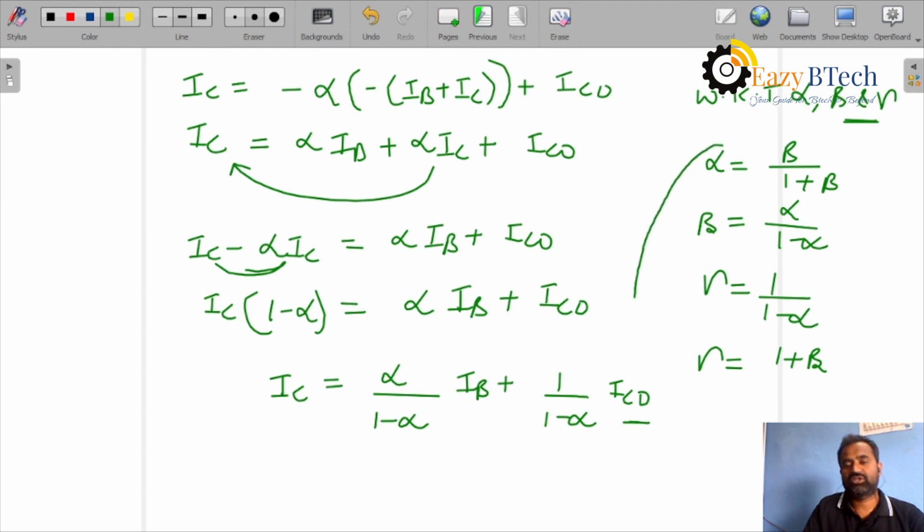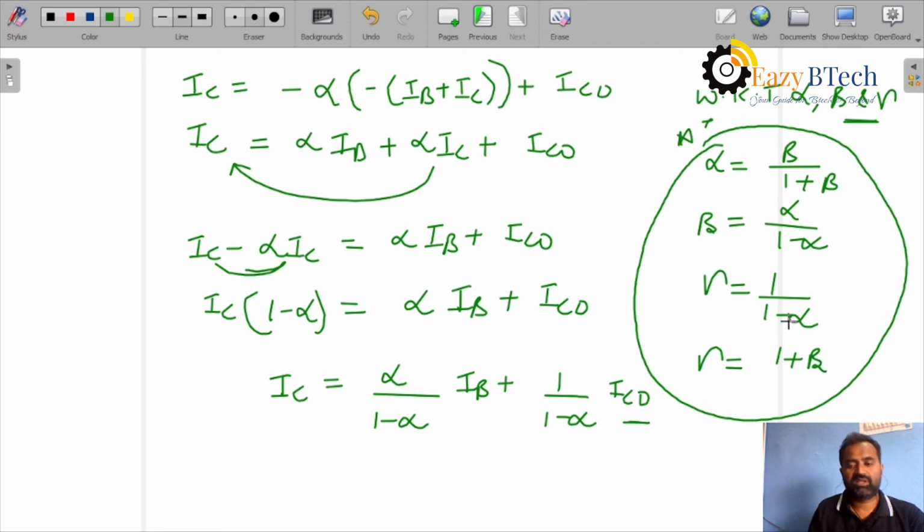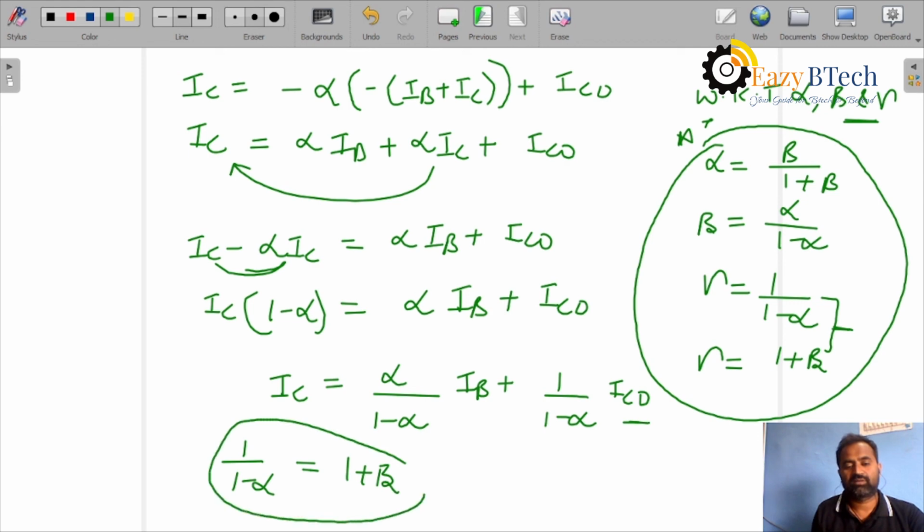That's the relationship. Now from this, if these two are equal, then we will write 1 by 1 minus alpha is equal to 1 plus beta. In this place we will write it from this gamma.